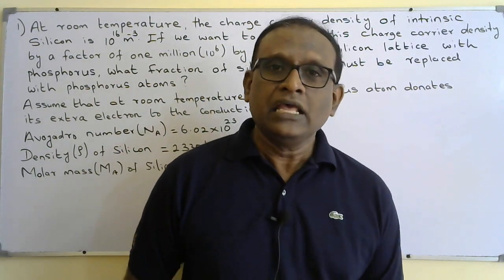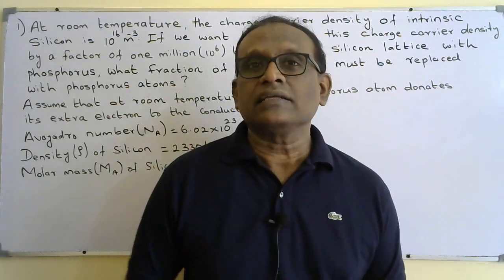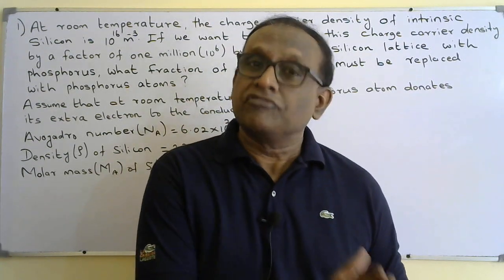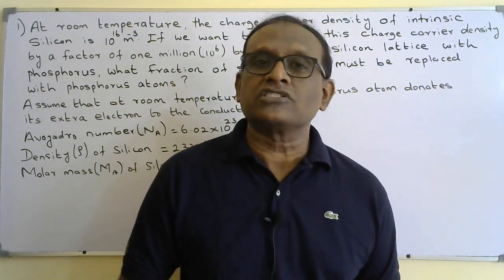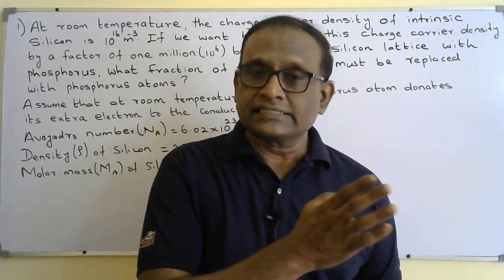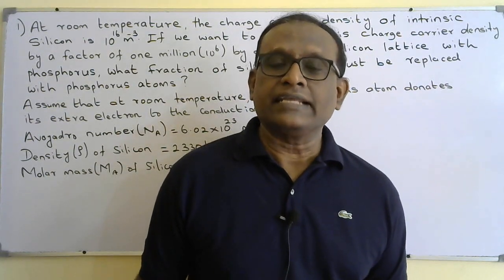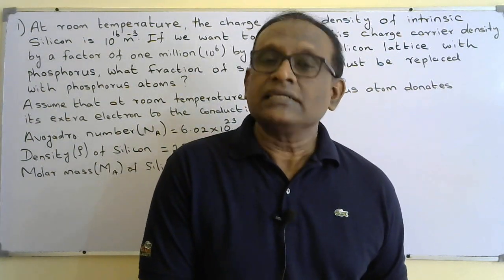Say, for example, if you dope a semiconductor with 1 million phosphorus atoms, each phosphorus atom will provide a free electron to the conduction band of the extrinsic semiconductor. So there will be an increase of 1 million conduction electrons.